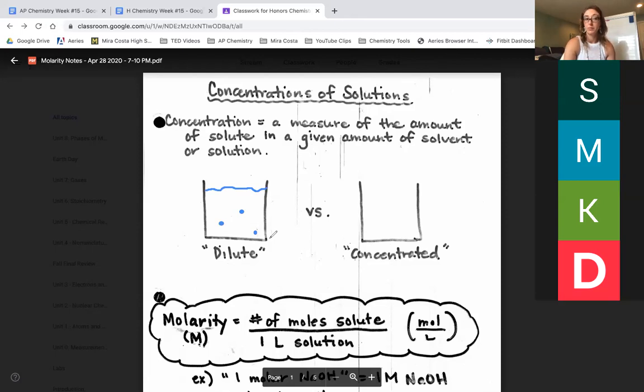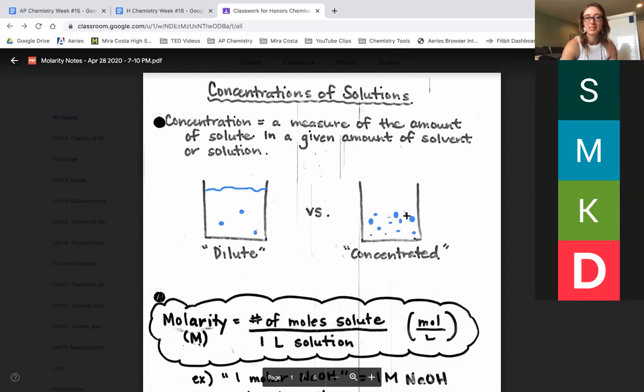If this would be like Kool-Aid, you'd have a little bit of Kool-Aid and a whole lot of water, right? Versus concentrated would be a lot more solute in there. So I draw a whole lot of little dots in here. Ideally these would all be the same size, but I'm doing the best with what I have here. I'm just trying to show you that there's a lot more solute here.